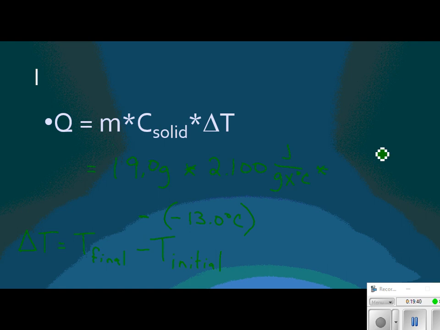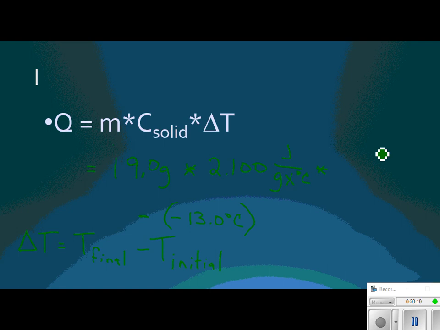Now, most people look at this and say our final temperature is 55. But that is incorrect. And that's where we get the rub. Why is it not 55? Because we're in area 1. What temperature does area 1 end at? 0.